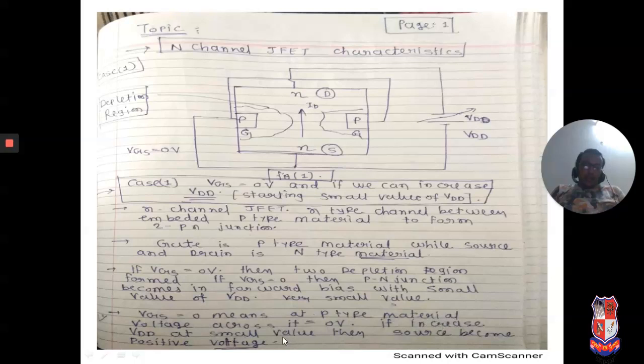Now if we increase the VDD, this is known as VDD, drain to source voltage. If you increase the drain to source voltage, then source becomes more negative and drain becomes more positive.